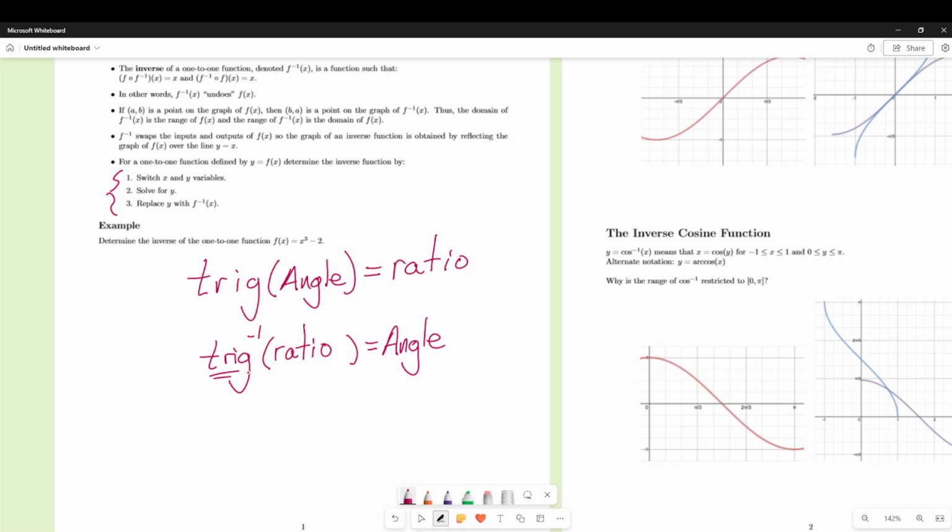If we were dealing with an inverse function, its input has to be a ratio and its output has to be an angle. If we're looking at our sine, tangent, cosine, or straight trig functions, then the input has to be an angle and the output's a ratio.